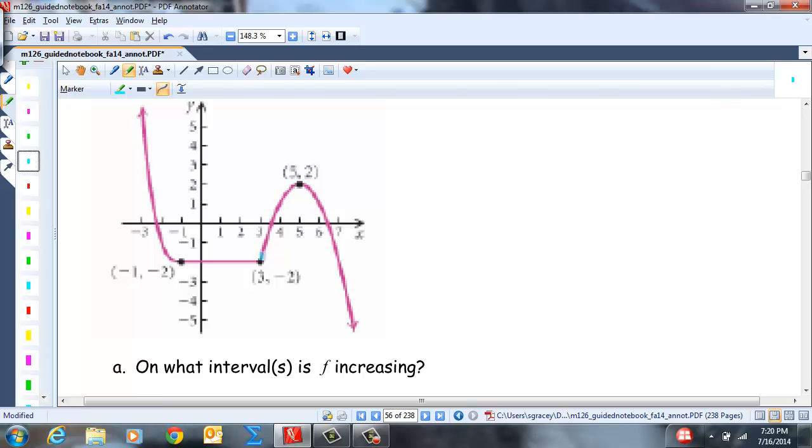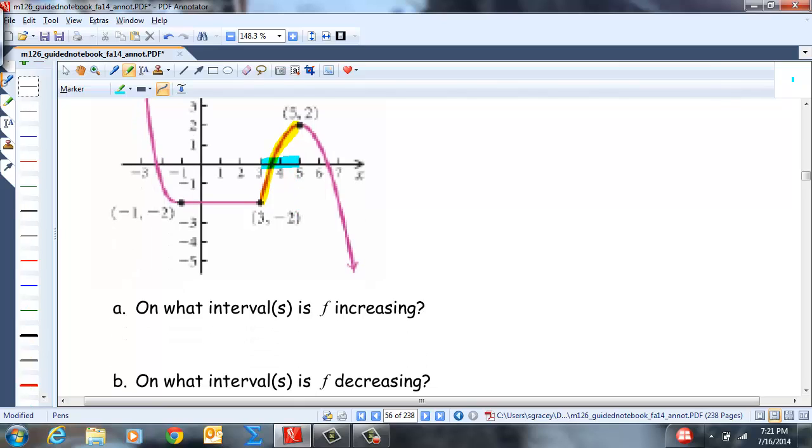If we start here and trace along, do you see on that interval we've got an increase? On this interval we have increasing behavior, happening on the x values from 3 to 5. Does that make sense? So the interval where this graph is increasing is from x is 3 to x is 5, and that's how you write it.